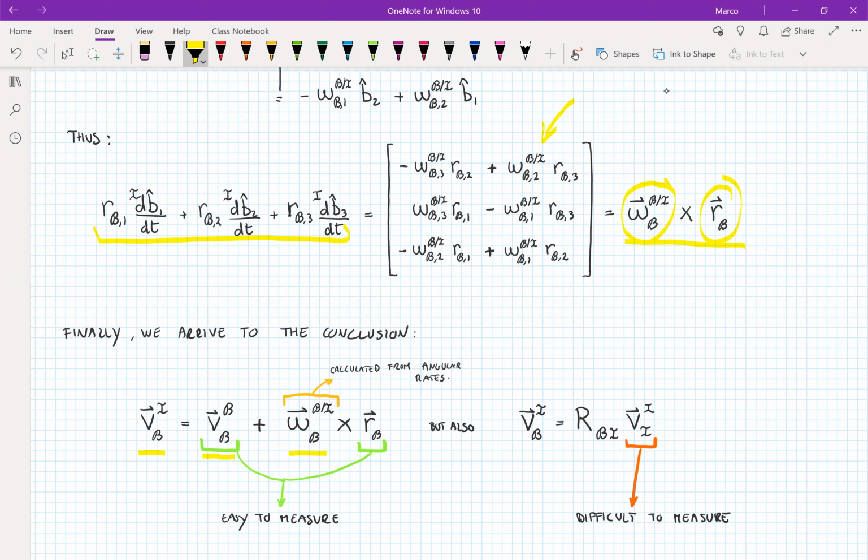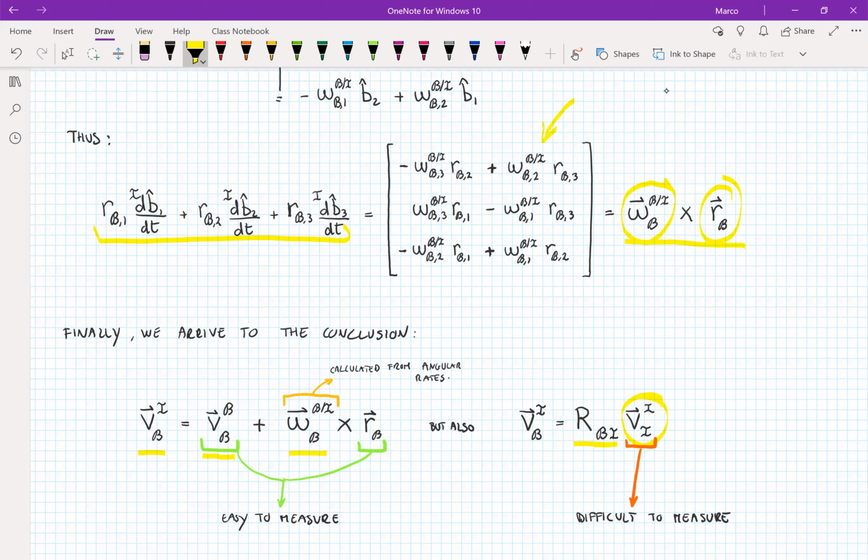Some of you could say, well, we had already the inertial velocity, we just had it expressed in the I coordinates. Why couldn't we just apply a rotation to get into the b coordinates? Well, that is possible.